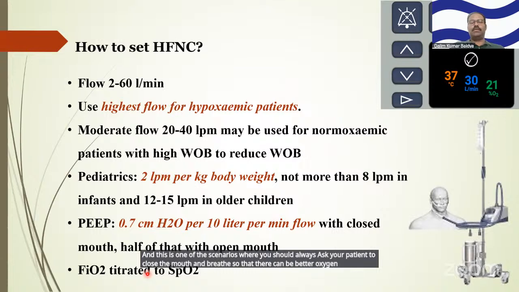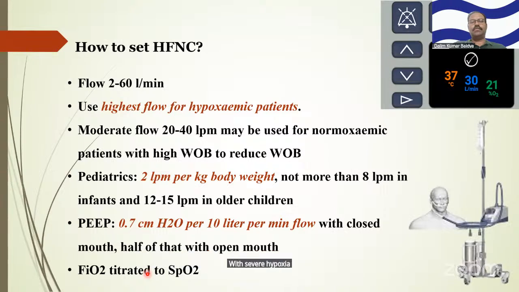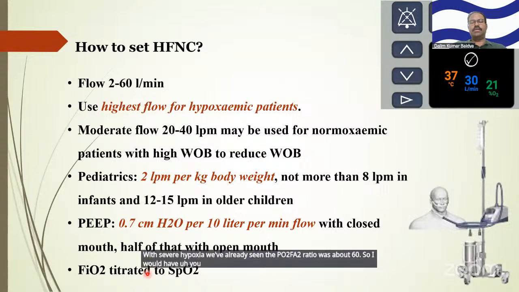Now, there are a few clinical questions we need to address here. Before the advent of HFNO, in such cases with severe hypoxia, we have already seen the PaO2 to FiO2 ratio was about 60. So I would have straight away intubated these patients and put them on mechanical ventilation, or a trial of NIV could have been given.